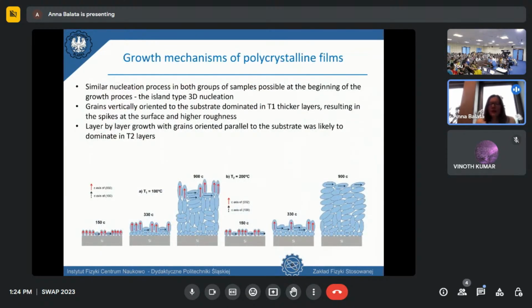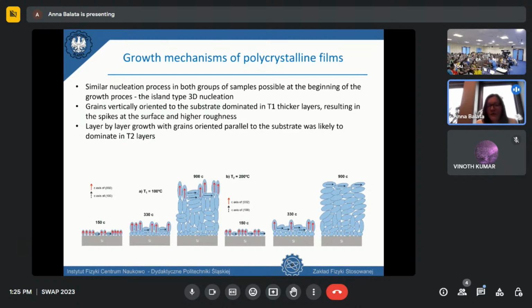So analyzing this data, we propose some growth mechanisms of these layers. We can say that similar nucleation started in both groups of samples at the beginning of the process. So we have the typical island nucleation. However, with the increase of deposition cycles, we observed that vertically oriented grains dominated the layers deposited at T1, resulting in some kind of spikes at the surface, and that's why the higher roughness.